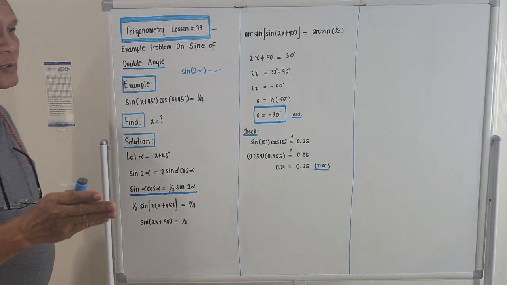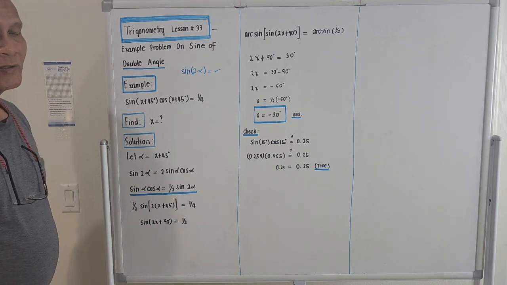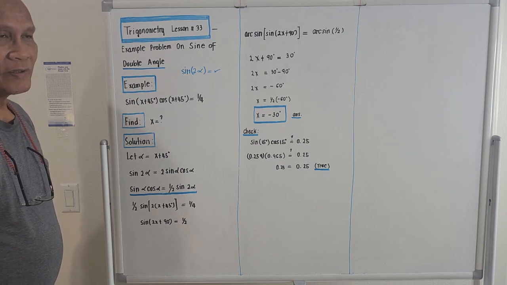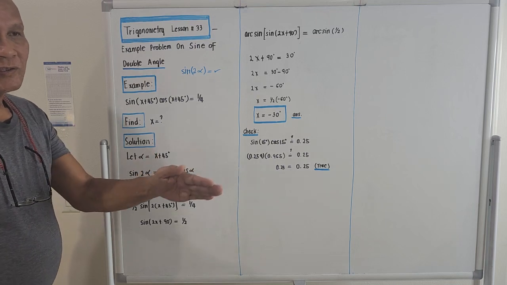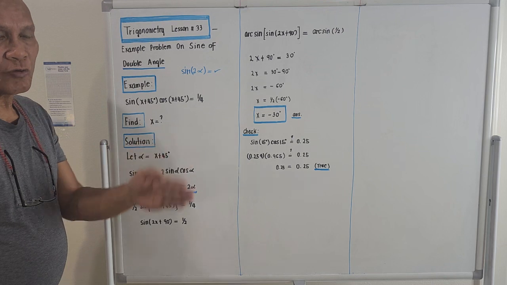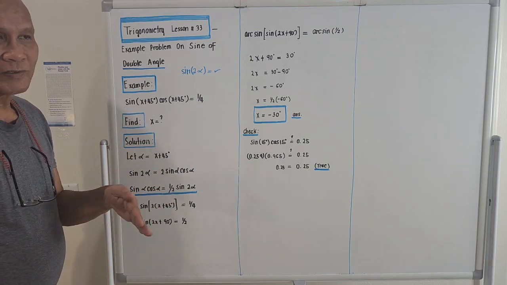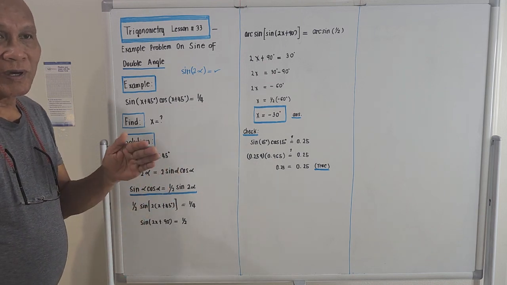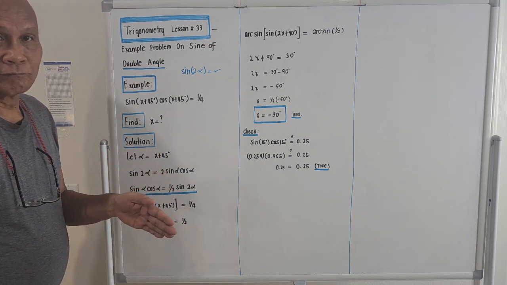What we are solving for tonight will be a trigonometric equation. There is an unknown angle x, and we are asked to solve for that value of x. Just like in the study of algebra, if we are given an algebraic equation, we are asked to solve for the value of x. But for tonight, what is given is a trigonometric equation.